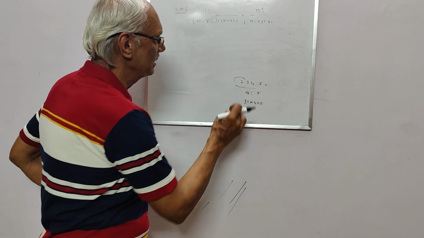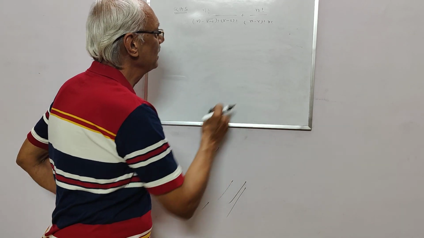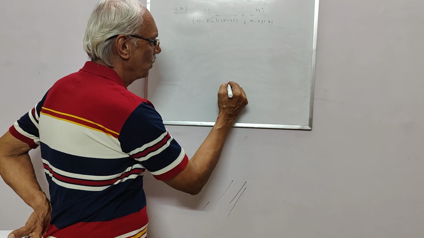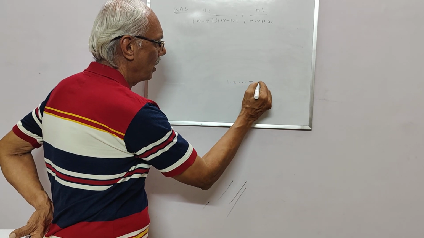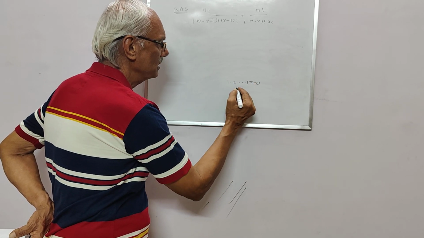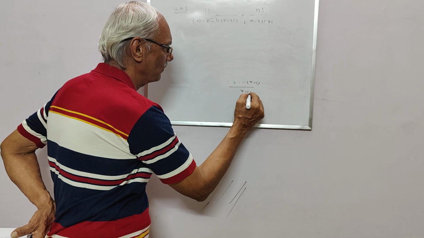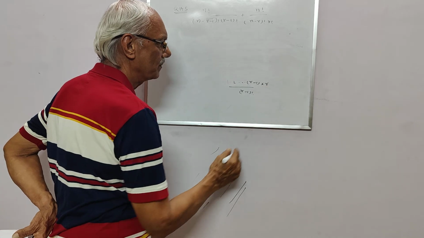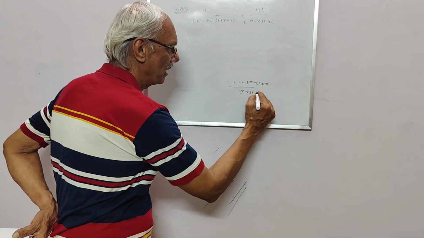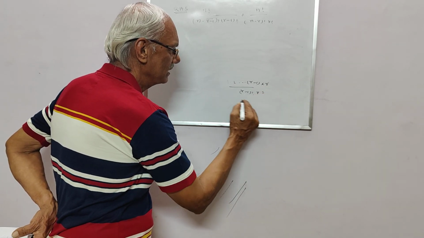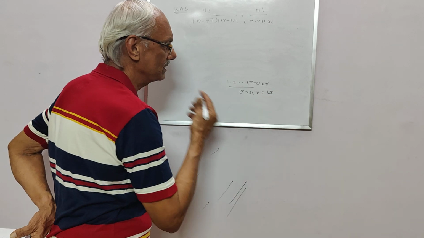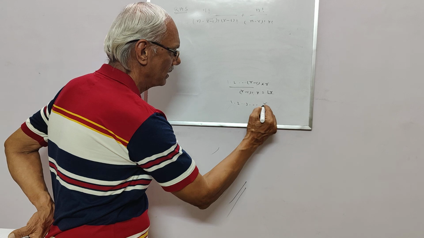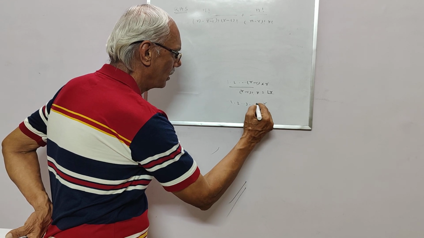What I am going to do here is, you see that you have got r minus 1 factorial. That means 1, 2, 3 up to r minus 1. Now if I multiply this by r, then this will become r factorial. Because r factorial is 1, 2, 3, 4 up to r, and before r it is r minus 1.